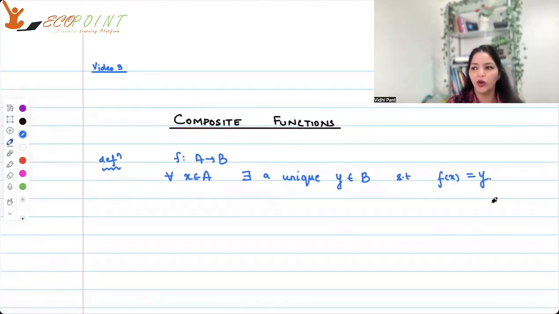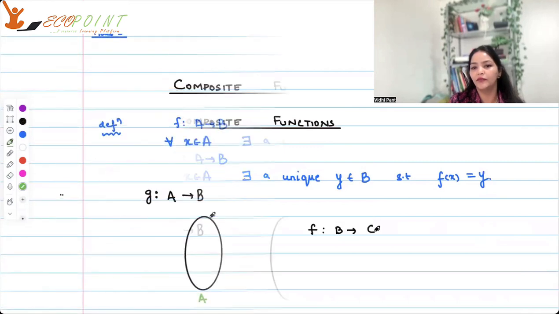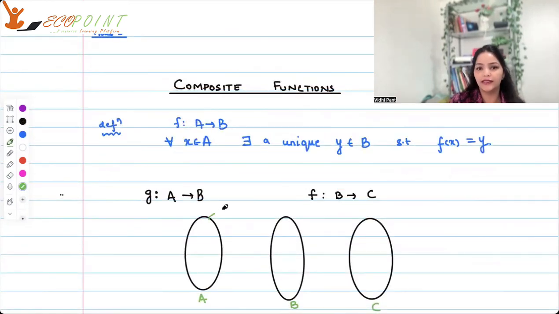Now, when it comes to composition, what is the meaning of composition? Suppose you have a scenario where you have two functions and they have something in common. Common as in, suppose g is a function from A to B and f is a function from B to C. So g is going from A to B, and f is a mapping that is going from B to C. So what you realize is that this set B is common to both.